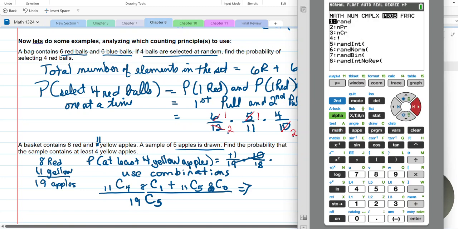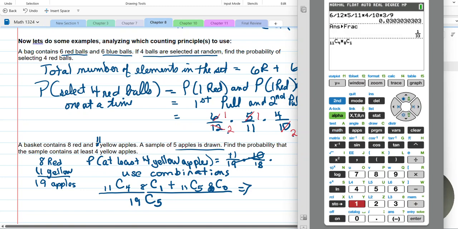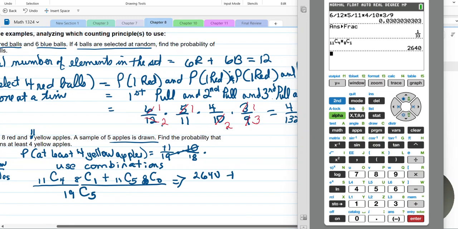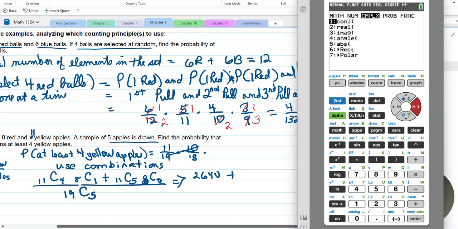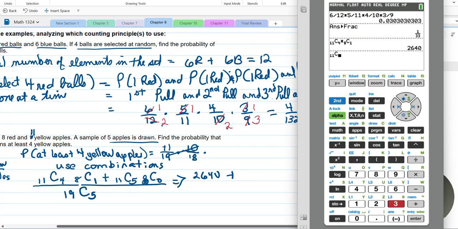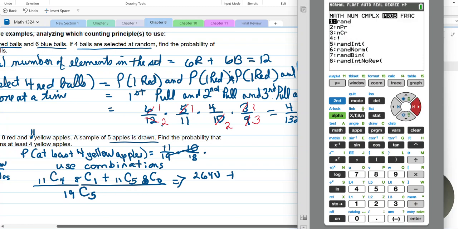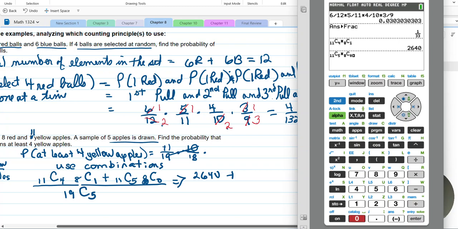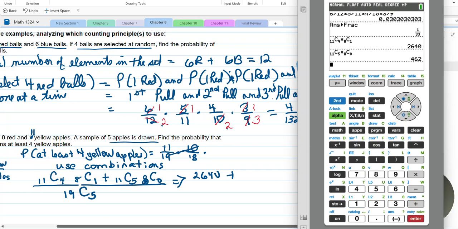Math. PROB. 3. Choose 1. That makes it 2640 for that one. Plus, I'm going to have 11. Choose 5. Side arrow times, and that would be 8. Math, and we know this is 1, but we're going to do it anyway. We're going to 0 because we got all 5 apples. 462.